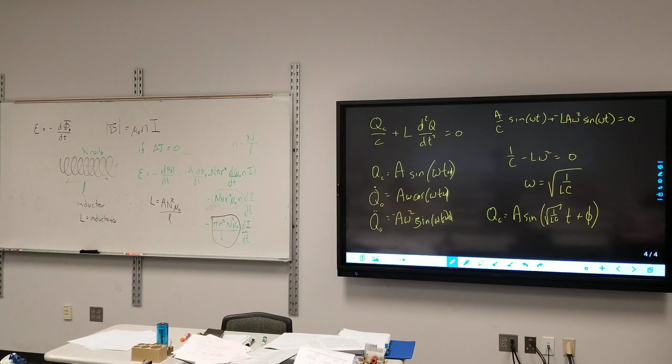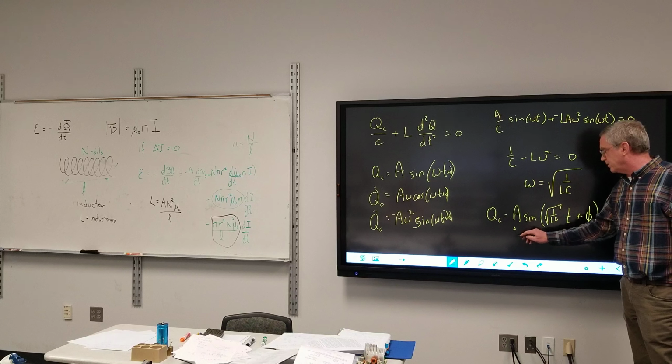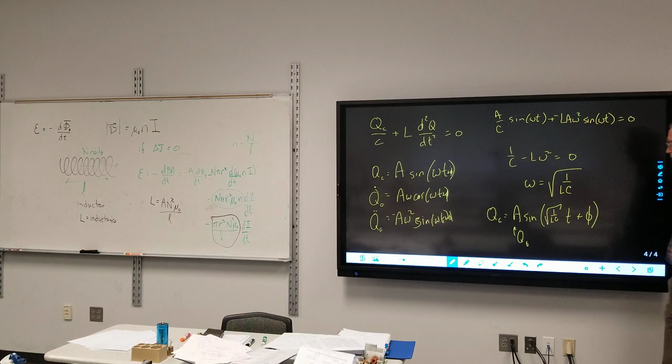I know when time is equal to 0, I need to have the amplitude, or Q_C, needs to be equal to whatever that maximum charge is. Just for the sake of this, call this Q sub naught. And if Q_C equals Q sub naught when time is equal to 0, then phi has to be pi over 2, because that term drops out, the sine of phi has to be equal to 1.